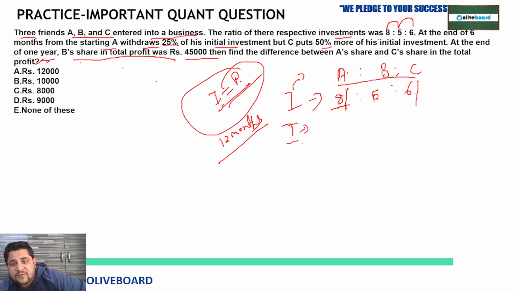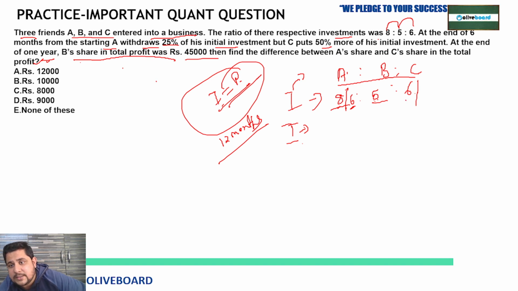So one fourth of 8 is how much? 8 by 4, 2. So just subtract 2 because he is withdrawing that money. So 8 minus 2 means 6. After 6 months, their value in the ratio is getting changed. B's investment is constant as there is nothing given with respect to that.